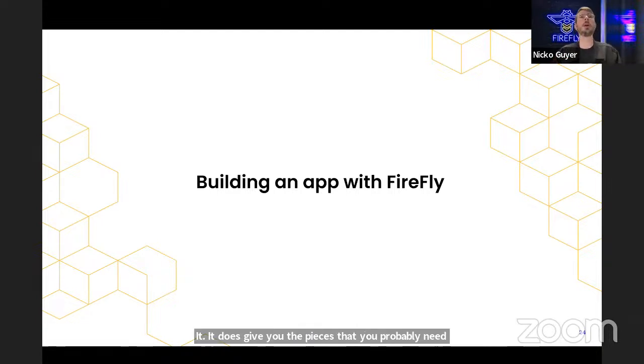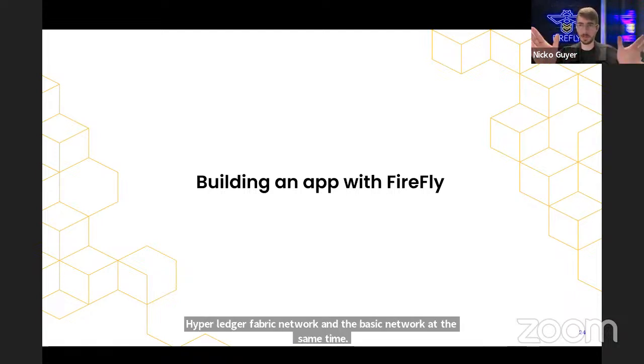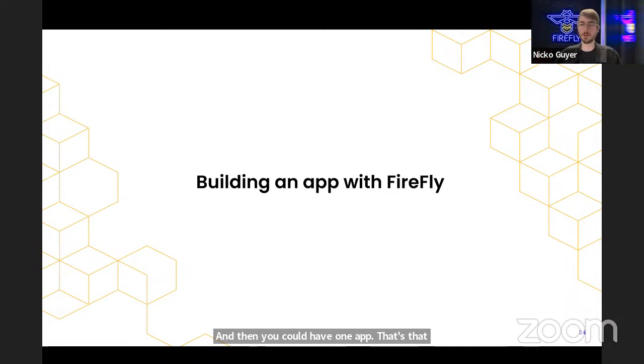Like I said, you could set up FireFly to connect to both the Hyperledger Fabric network and the base network at the same time. And then you could have one app that is able to talk to both chains and can define the rules for, okay, what are the rules around running a transaction on this chain and then running one here? What happens if one fails and the other doesn't? There are some really hard problems there. But FireFly does give you the tools that you would need to build that.